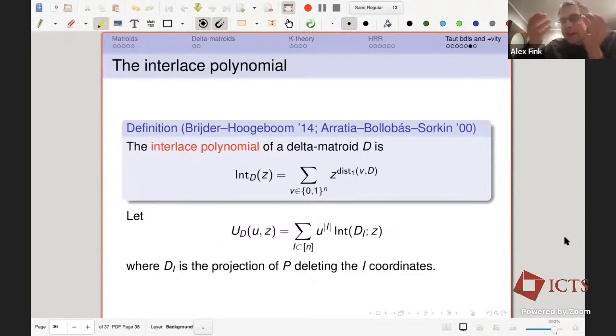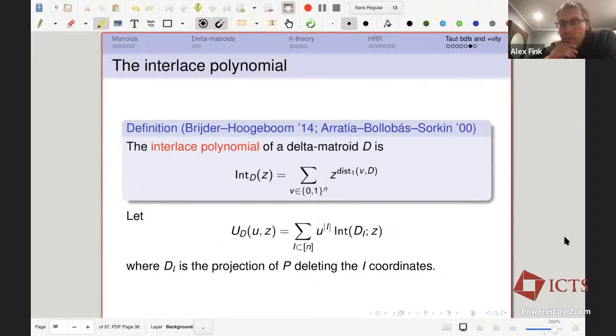For instance, if you like these Chern-Schwartz-MacPherson classes of matroids, there are results that say you can compute the Tutte polynomial using that. You can compute the Derksen-Fink G invariant using that. And so in principle, you could do these computations for delta matroids as well in tropical intersection theory.